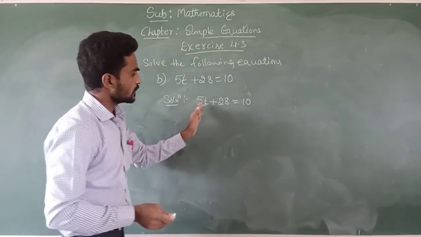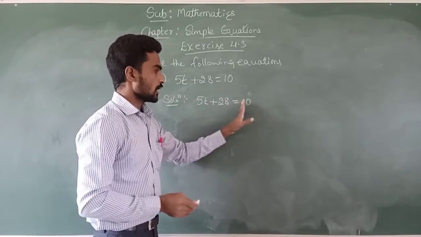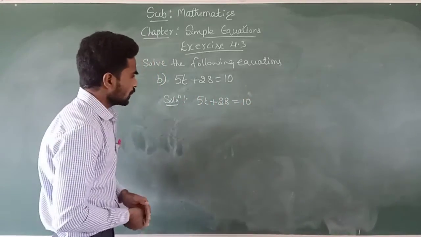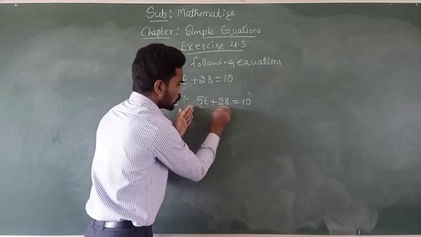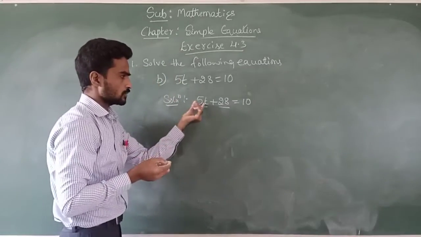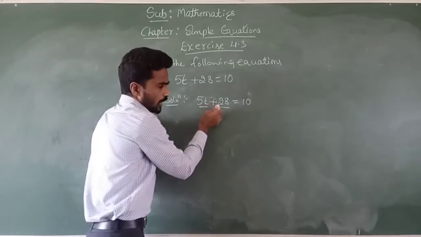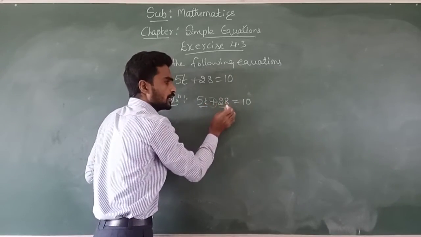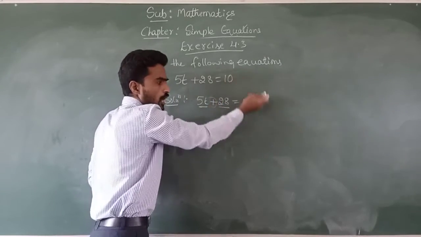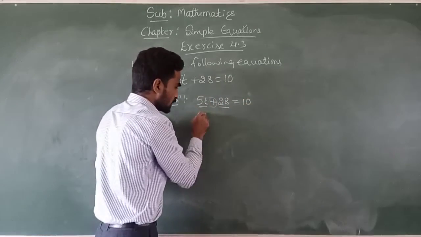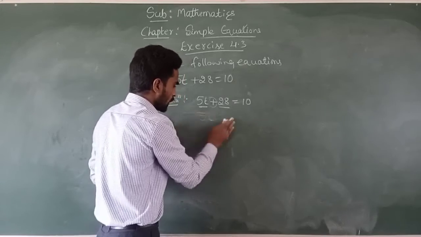Here the LHS side is 5t plus 28, the RHS side is 10. In between these two terms, addition is there.